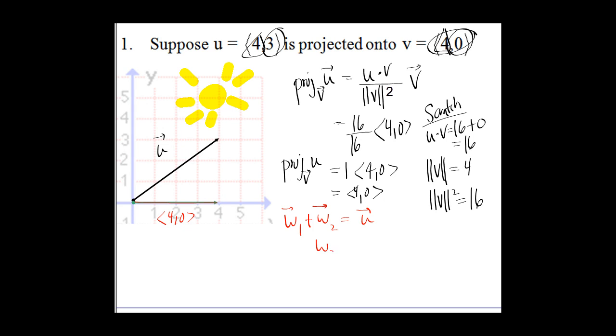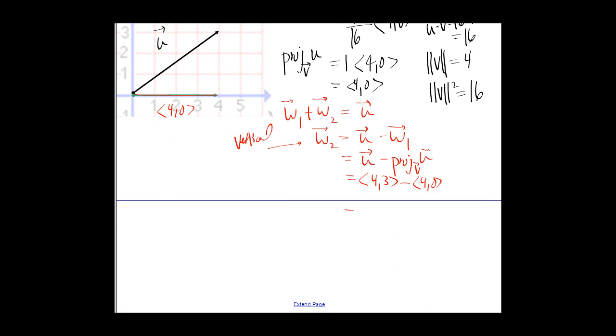So if we solve for vector w sub 2, which is the vertical component, we get vector u minus w sub 1, or vector u minus the projection of u onto v. Vector u was 4, 3. The projection we just found was 4, 0. So I can say that w sub 2 must be 0, 3.